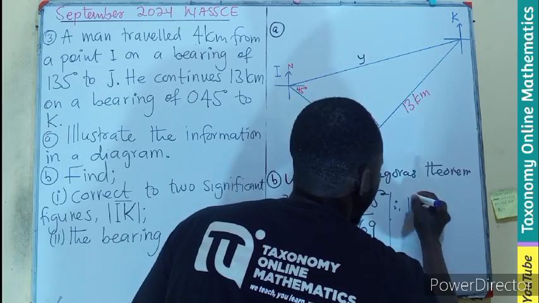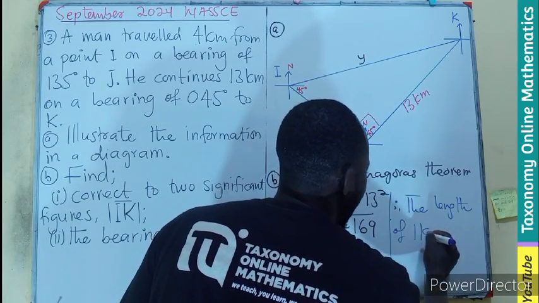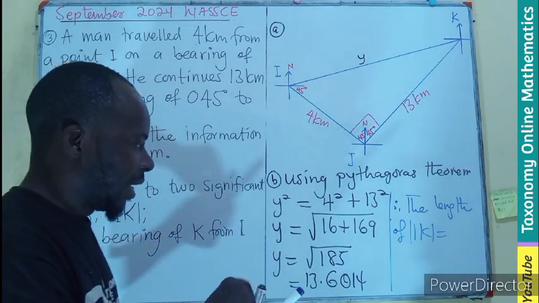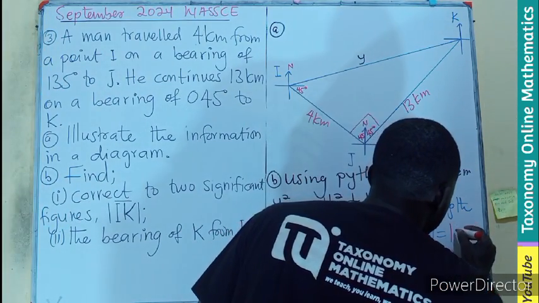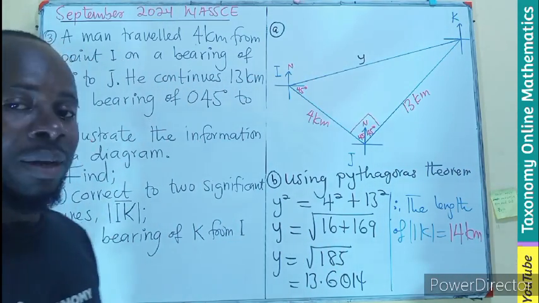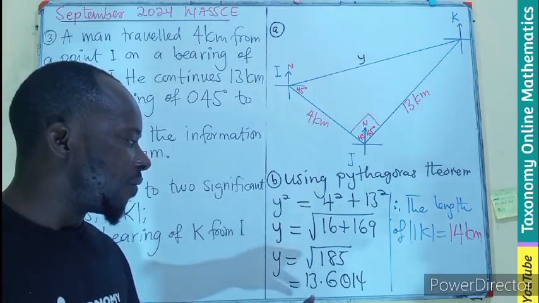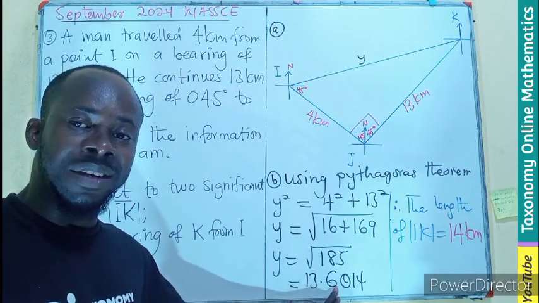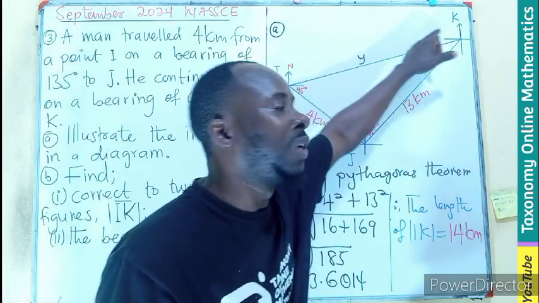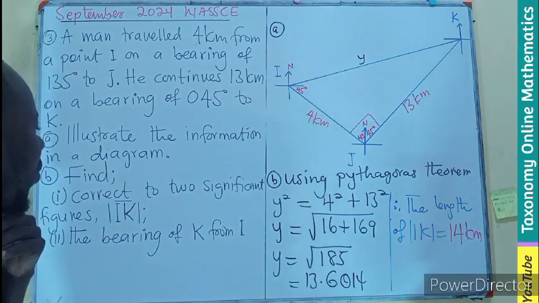Therefore, the length of IK will be equal to 14 kilometers. 14, because we are leaving our answer in two significant figures. This is 6, so approximated to this, making 14. So here will be 14, 13, and here will be 4, all in kilometers.